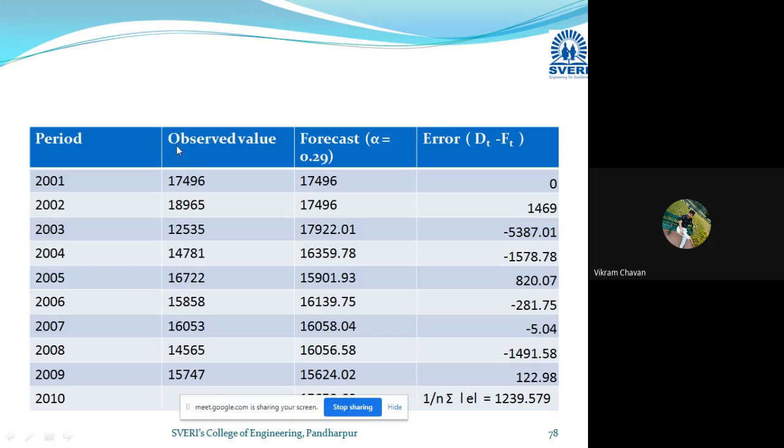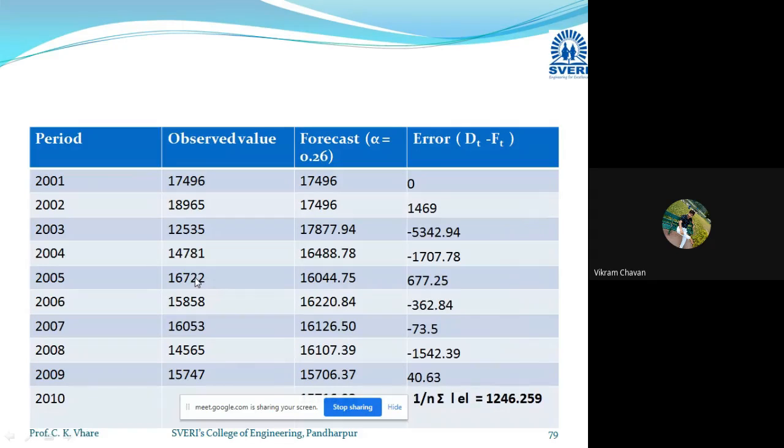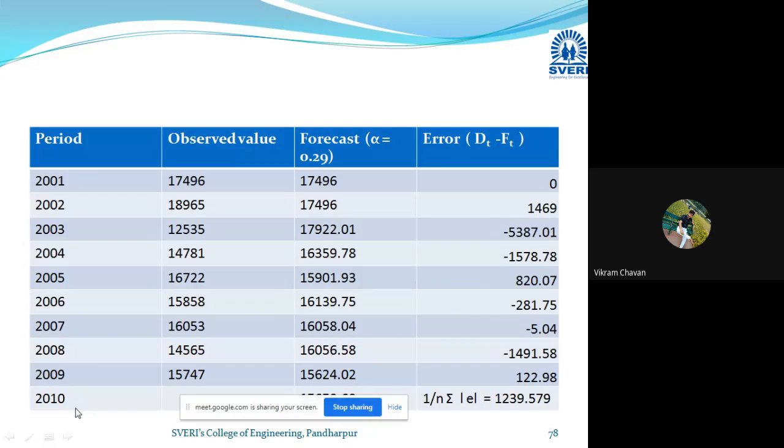So make four columns. One is period, from 2001 to 2010. We have to determine the forecasting value for the period 2010. The second column is the observed values, which we get from the problem.